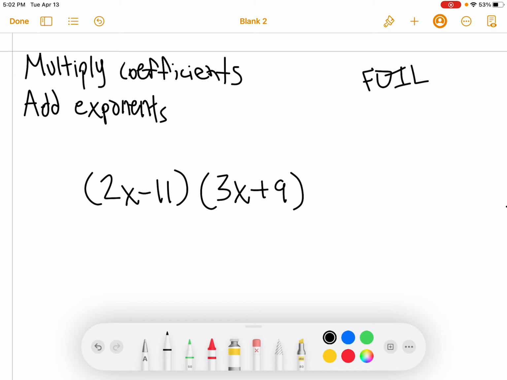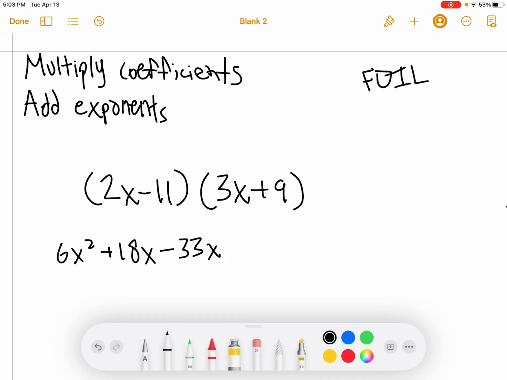FOIL stands for first, outer, inner, last. That tells you which things to multiply. F, first: once again, you multiply coefficients, 2 times 3 is 6, and x times x, 1 plus 1 is 2, so x squared. Then O for outer: 2 times 9 is 18, and then there's just x. Then I is inner: that's going to be negative 33, and then x.